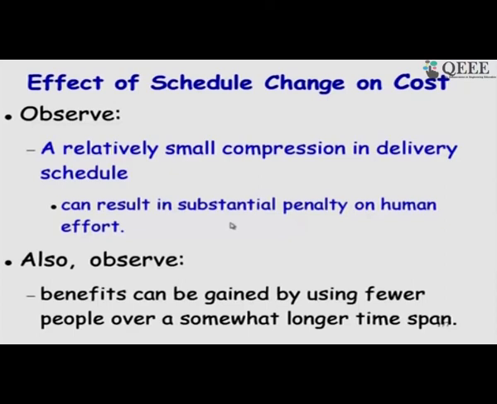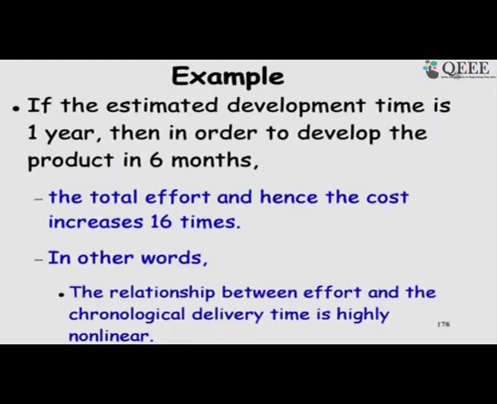Every project manager must appreciate this issue: if the customer demands that we slightly reduce the nominal development time we computed from the COCOMO model, then the company would incur huge cost in terms of effort, otherwise we will miss the new deadline. There are some examples here, please go through them.